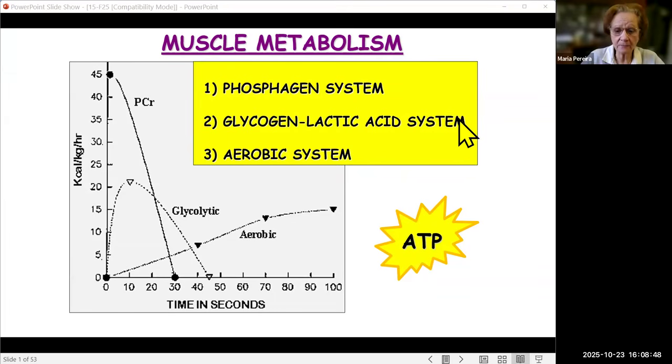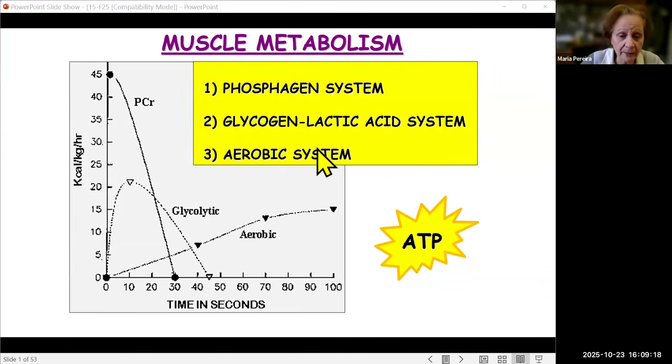And the end point is lactic acid. So if you have a lot of glycolysis going on to produce ATP for the muscle fibers, then the pH inside the muscle fibers, now you understand why it becomes acidic, because you have a lot of lactic acid being generated. And this is in the absence of oxygen, anaerobic condition.